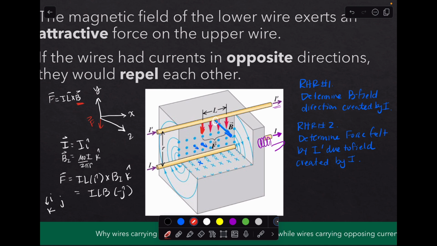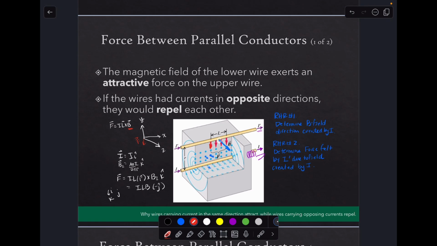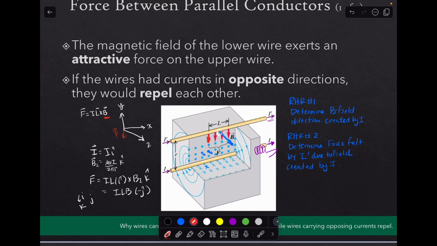Now B is created by another wire, so we have to do a right-hand rule in the beginning to figure out what direction B is in order to find what direction the force is. And if you were to do the same procedure for the opposite case, where I prime is creating the field and I is feeling the force, you would end up with the same magnitude of force, but the direction would be opposite.